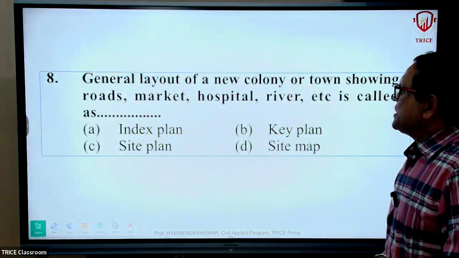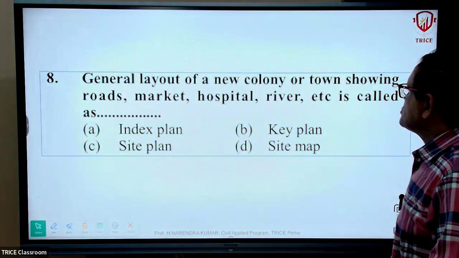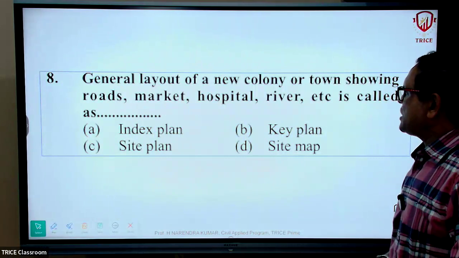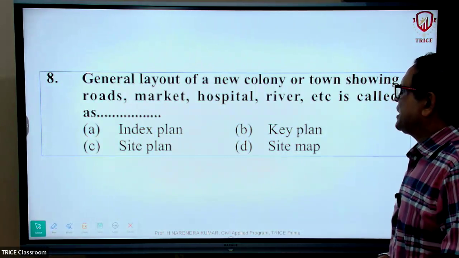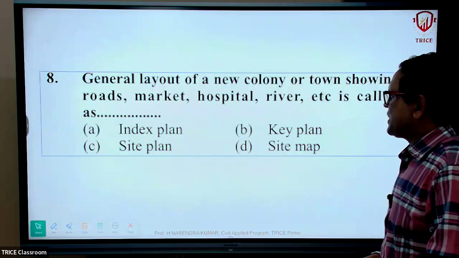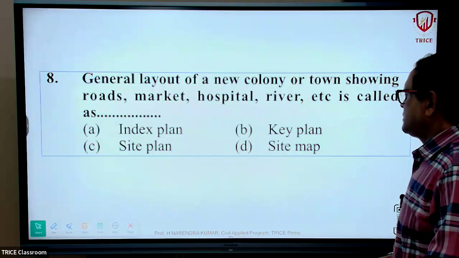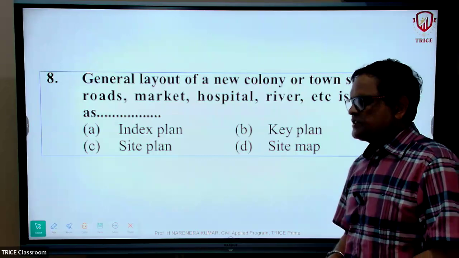Next one: the general layout of a new colony or town showing roads, market, hospital, river, etc. is called what? I would like to go back to your engineering degree.